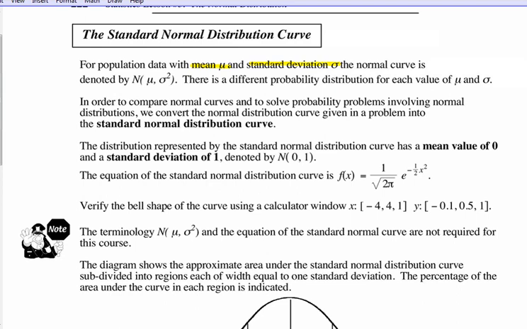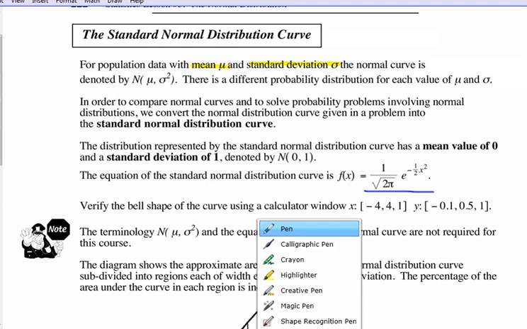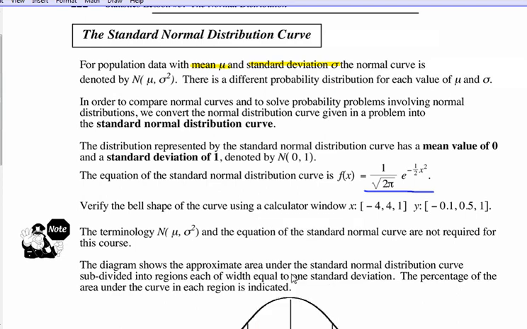Okay, moving on. You do not need to know this equation that would actually graph the curve on your calculator. What you do need to know is, let me grab my highlighter, that the distribution represented by the standard normal curve has a mean value of 0 and a standard deviation of 1. So when we draw that, we set our 0 as our middle, our standard deviation as 1.